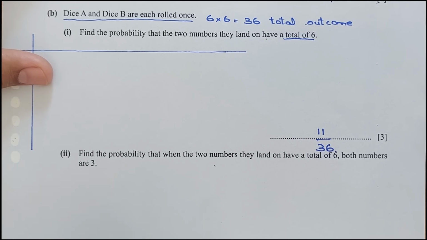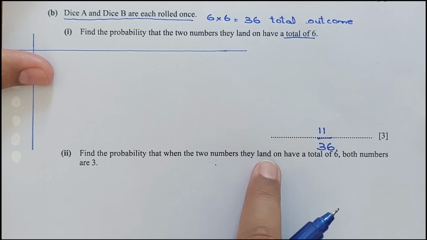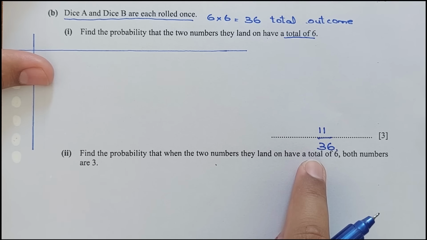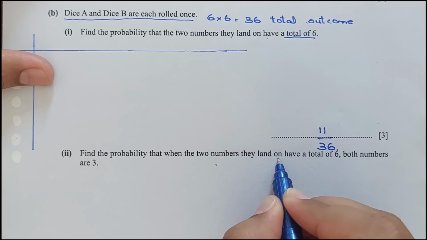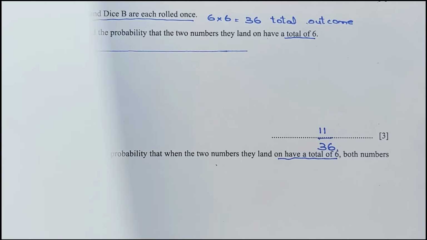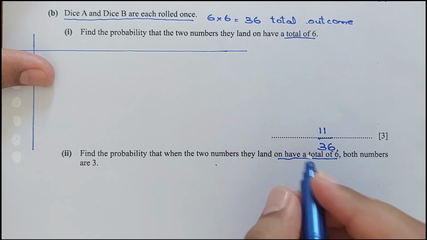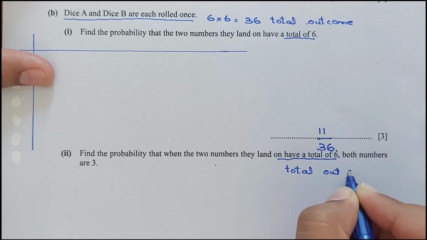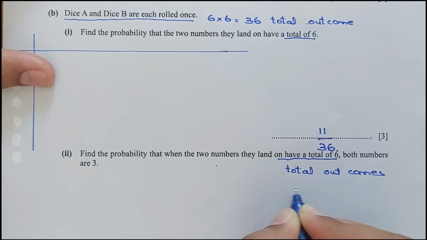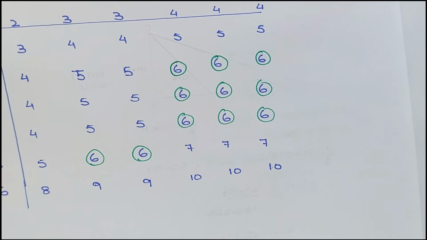Now for the second part, find the probability that when the two numbers they land on have a total of 6, both numbers are 3. The total should be 6, and we have 11 totals of 6, so the total outcomes are 11, and both numbers should be 3.